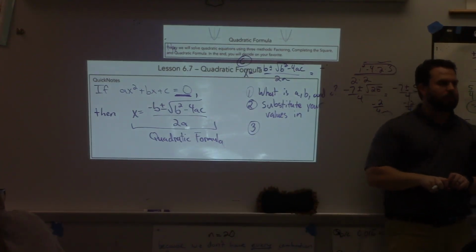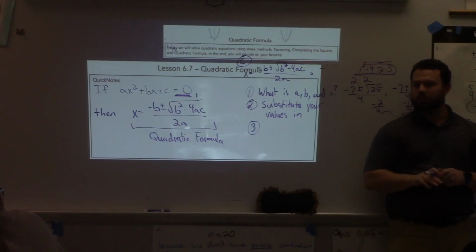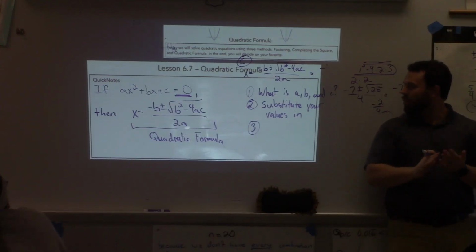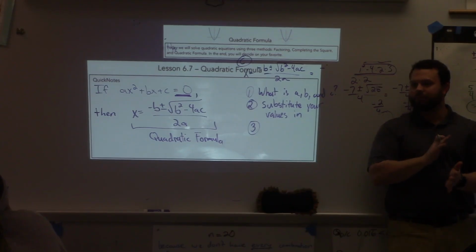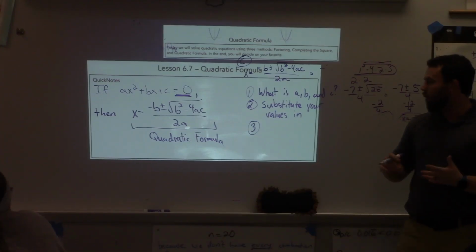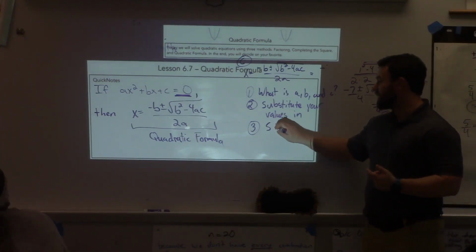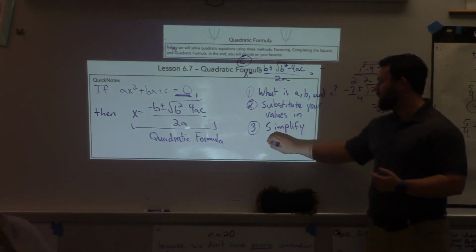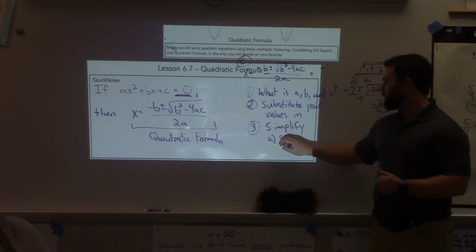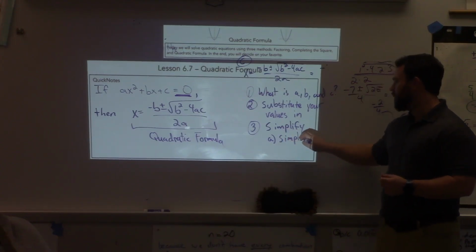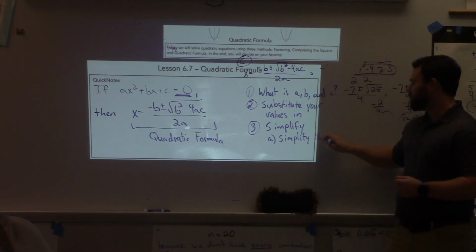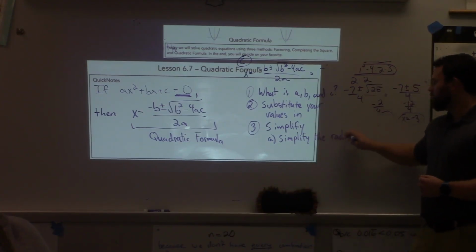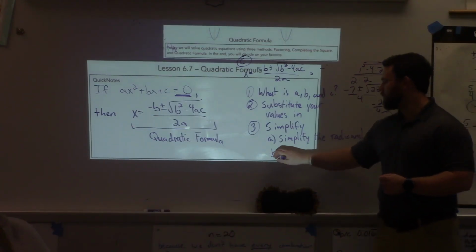We still got 2 minutes left to get these quick notes, okay? What do we do after we substitute our values in? Overall, all you really have to do is simplify, but I, Mr. Kinney, recommend simplifying what part of the radical? The radicand.